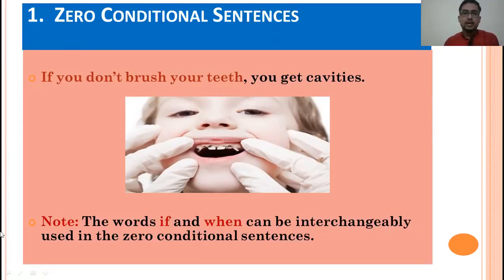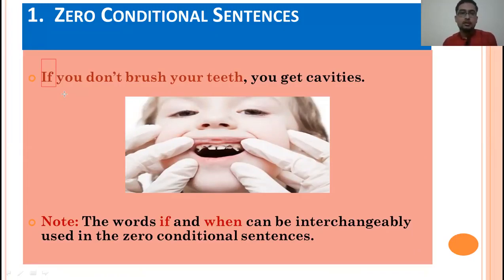One thing you should keep in mind is that instead of if, you can use when.